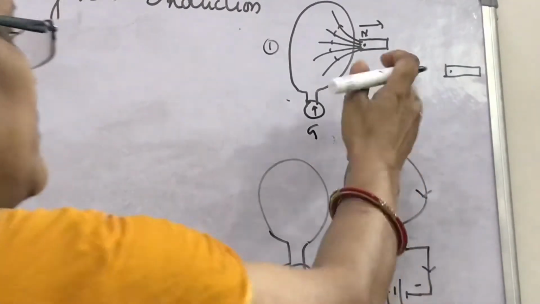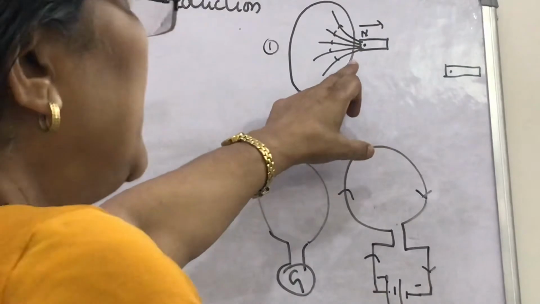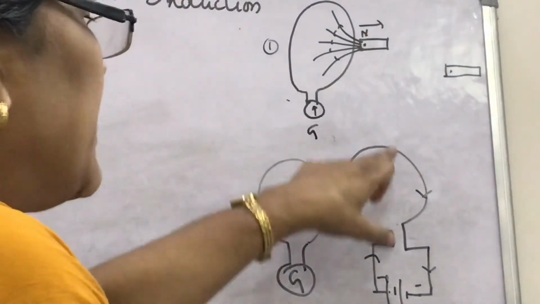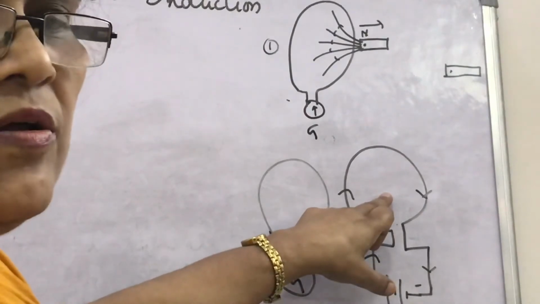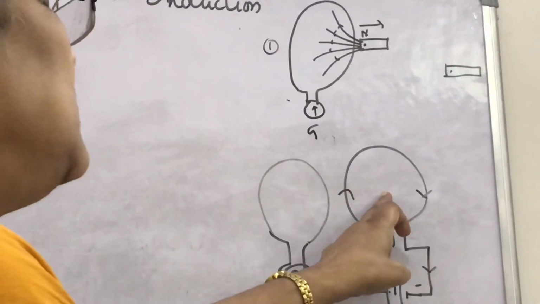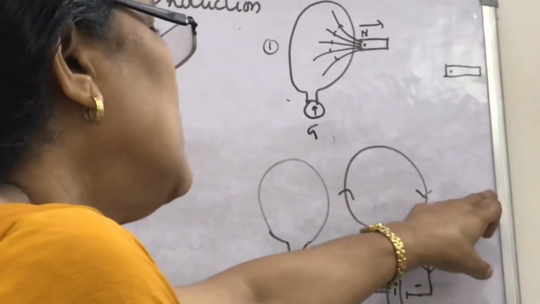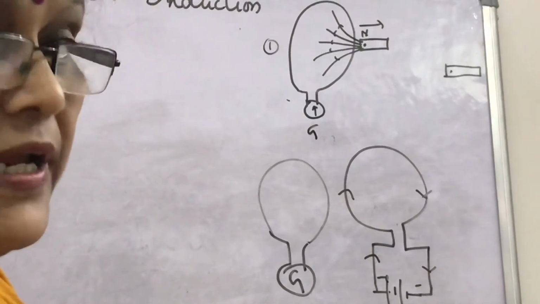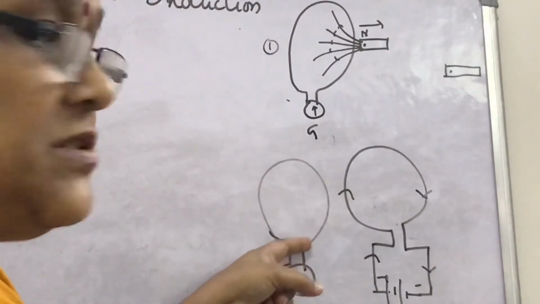Instead of taking the magnet away or bringing it closer to the loop, we replace the magnet by this current carrying coil, and we observe the same result: whenever the coil is brought closer to the loop, deflection is observed in this galvanometer, indicating that induced current is produced in the conductor.